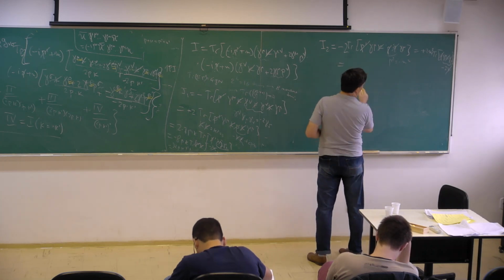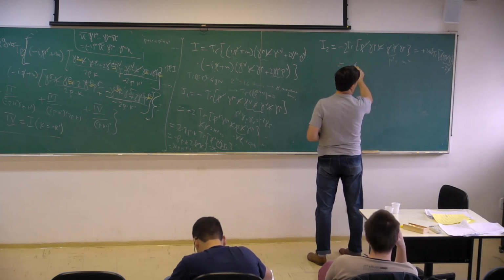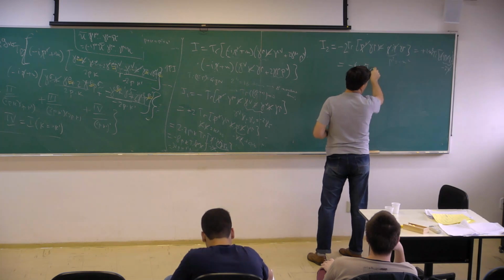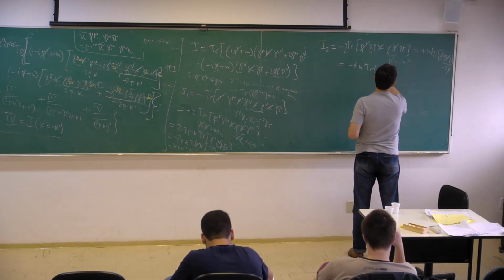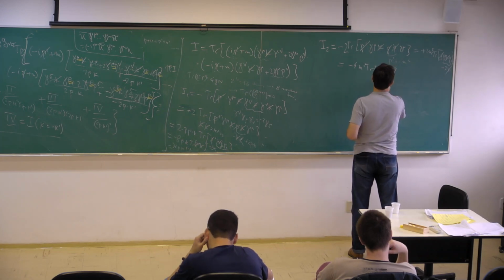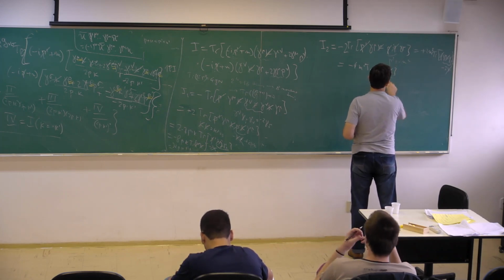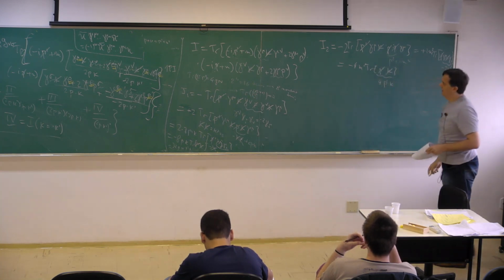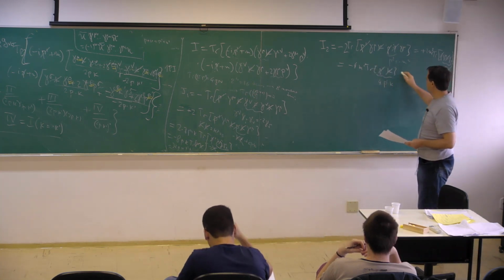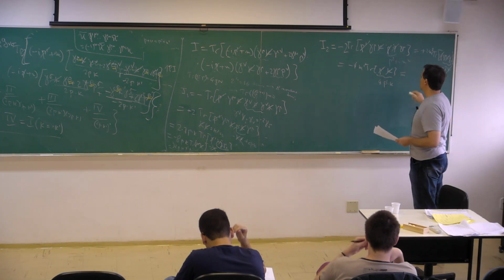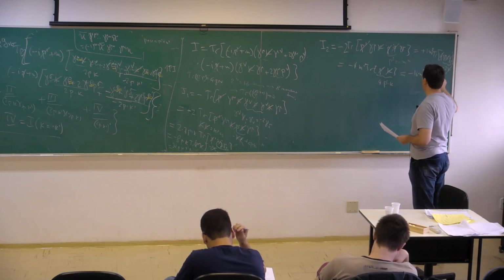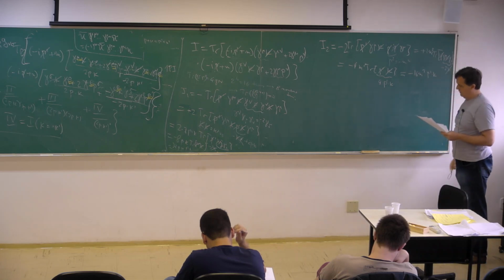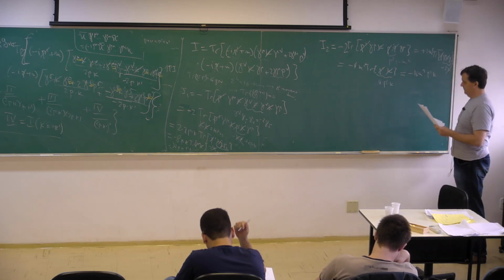So this is equal to minus 4 m squared trace p prime slash k slash, and this is equal to 4 p prime k, as we did before. So this is minus 16 m squared p prime k. Okay.